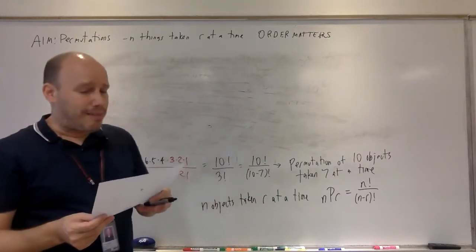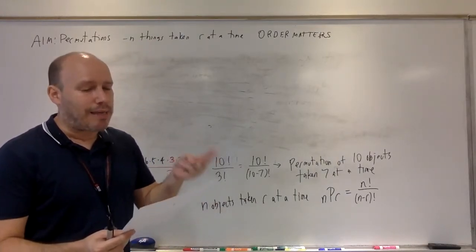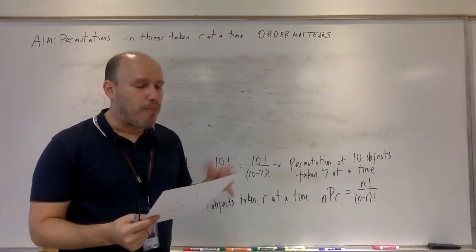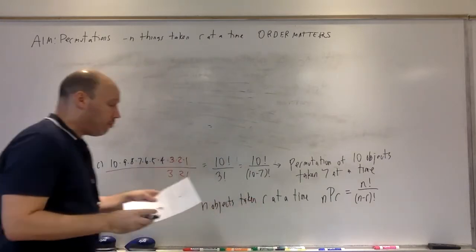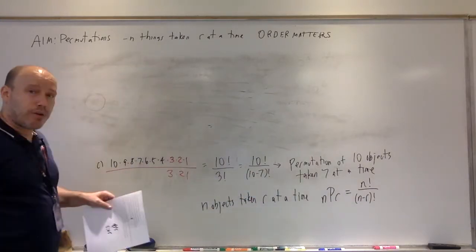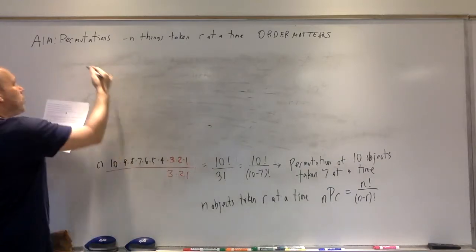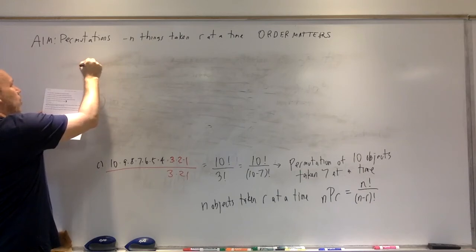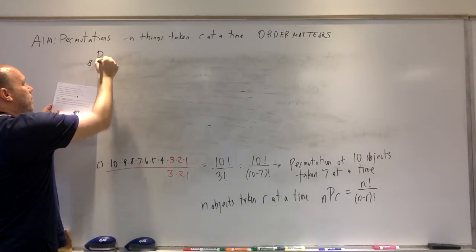A bet that picks in the correct order the horses which finish first, second, and third is called a triactor bet. How many different triactor bets are possible in an 8-horse race? Well, you can either do the counting principle, but let's use permutations. We're saying that there's 8 horses, and we're taking 3 at a time.